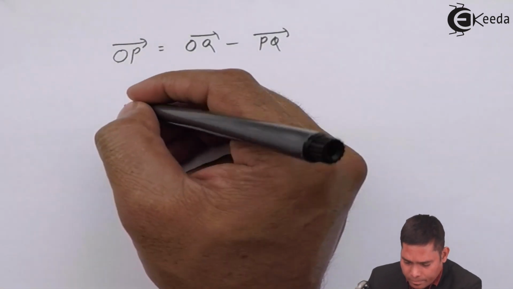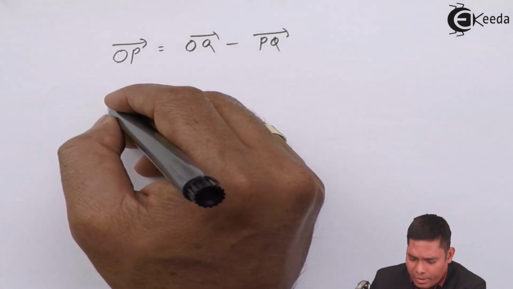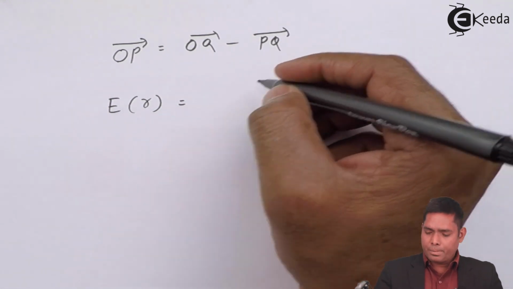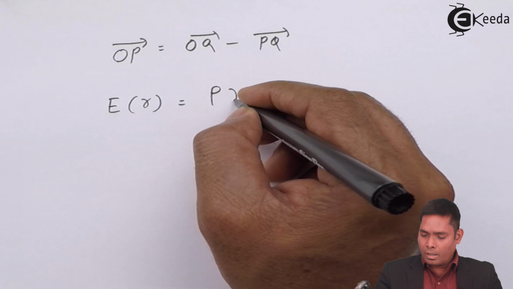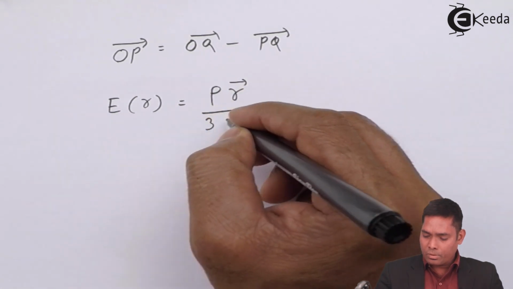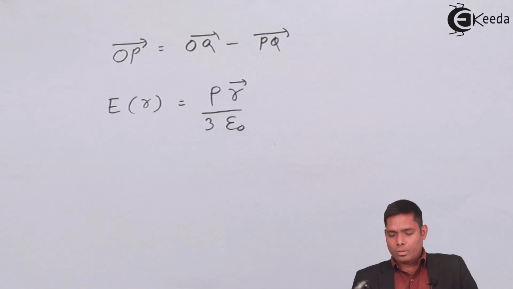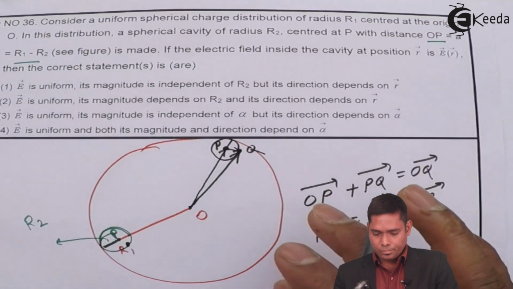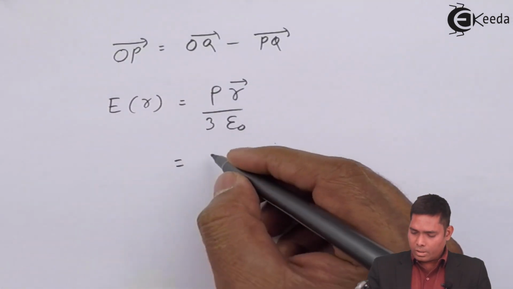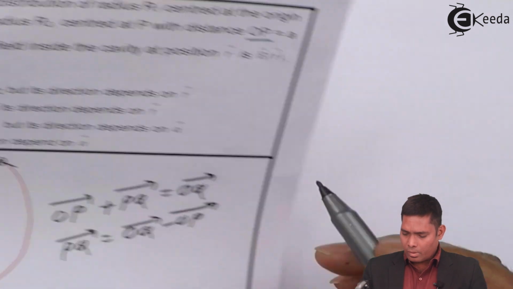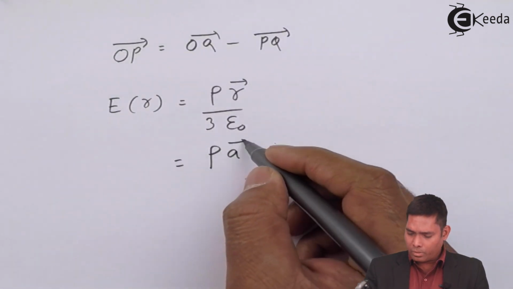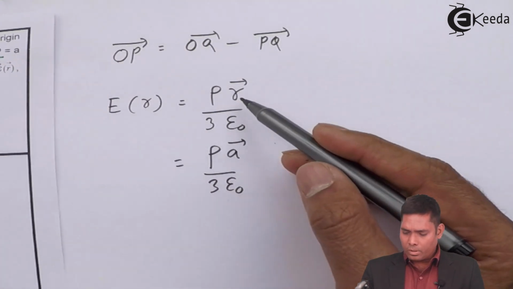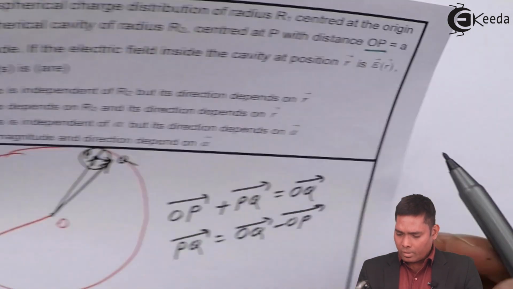We know that the electric field as a function of r inside a uniform charge distribution of a non-conducting sphere is rho r upon 3 epsilon naught. So in this situation we have rho a upon 3 epsilon naught.